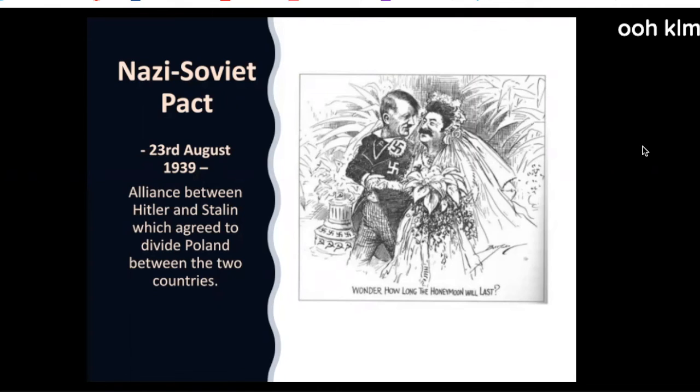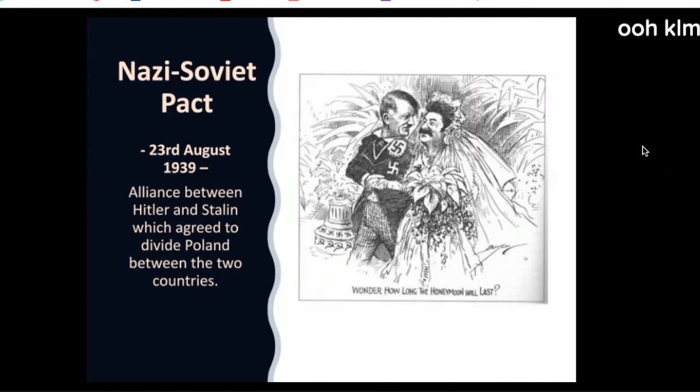This is a non-aggression pact. If Hitler invades Poland, Russia will let it happen. Now, what does Russia get in return for that? They get half of Poland. So they are basically going to go halvesies on a country. So looking at this political cartoon, who is the groom?